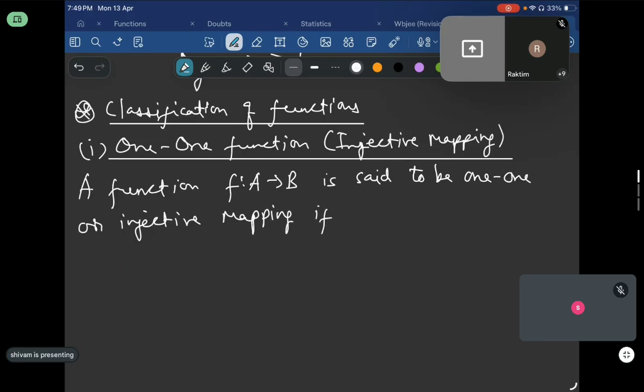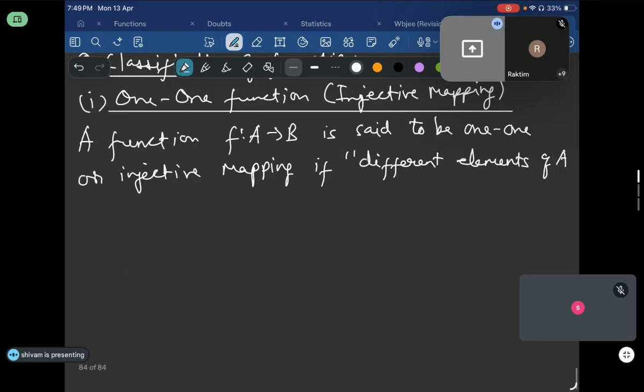if different elements of A have different f images.